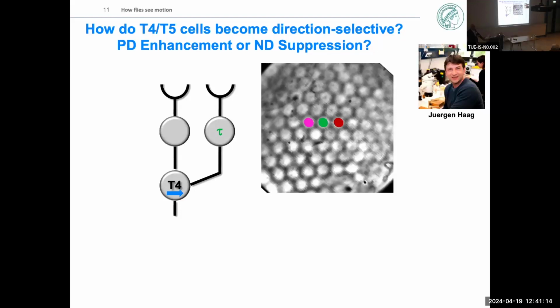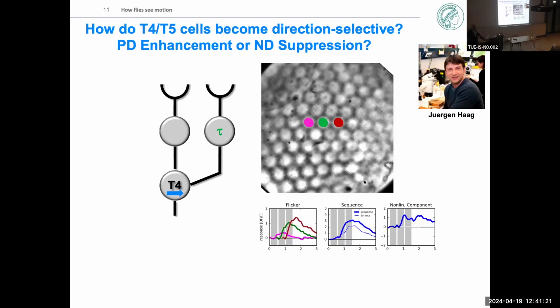He first stimulated each one in isolation. These are those traces. And then as a sequence. And then he compared the response to the sequence with the sum of the individual responses to extract the nonlinear component. And if he does that along the preferred direction of the cell, he sees a preferred direction enhancement.